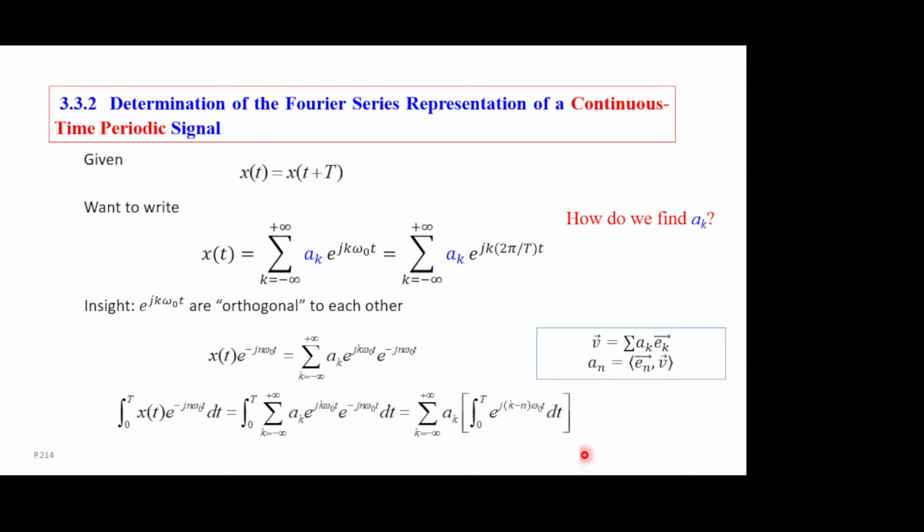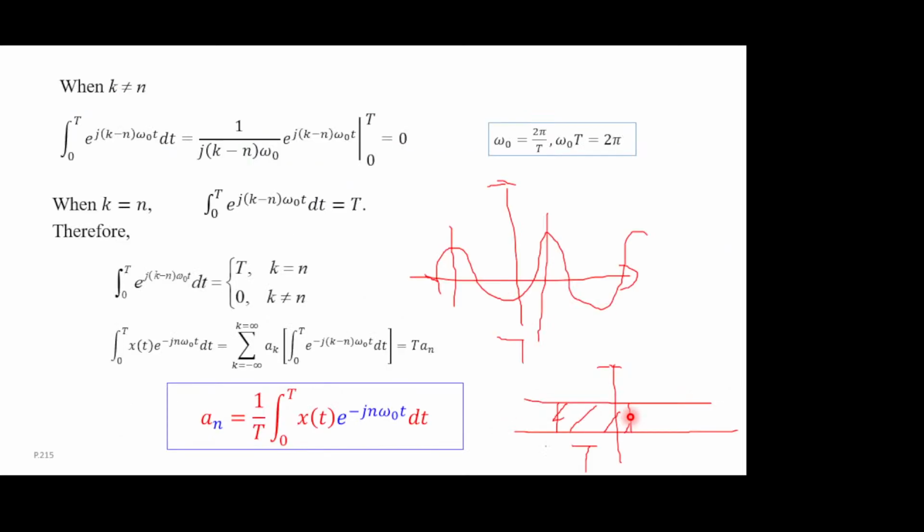Now we are going to see the orthogonality of our e to the j k omega t and e to the j n omega t. This is basically the inner product between them. So what's this integration?